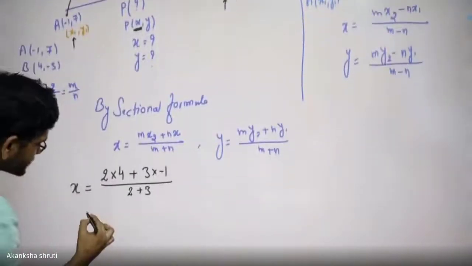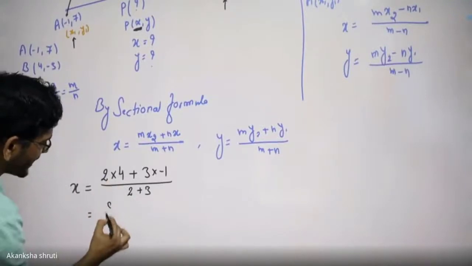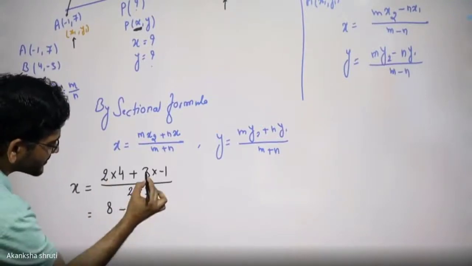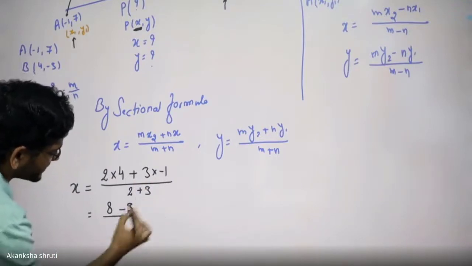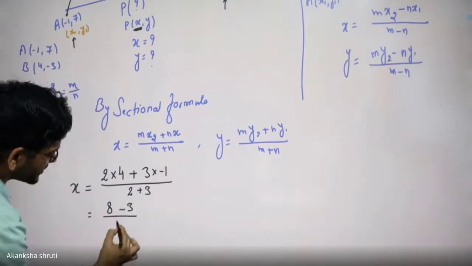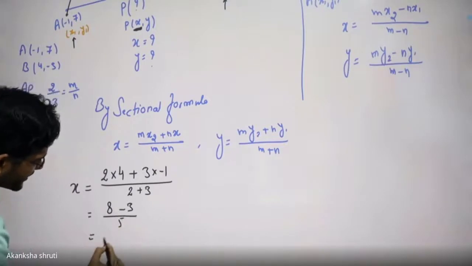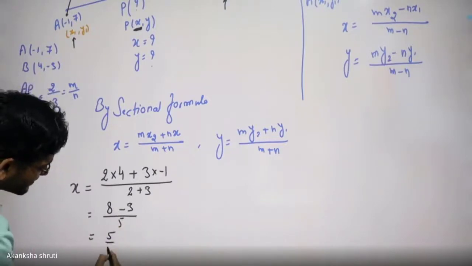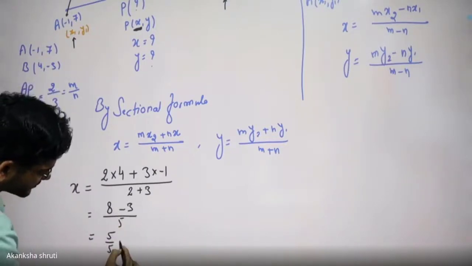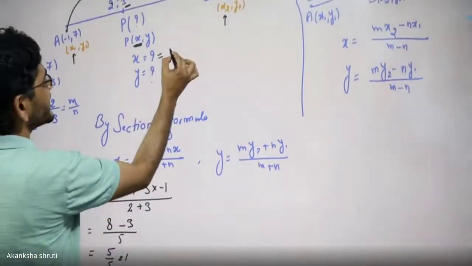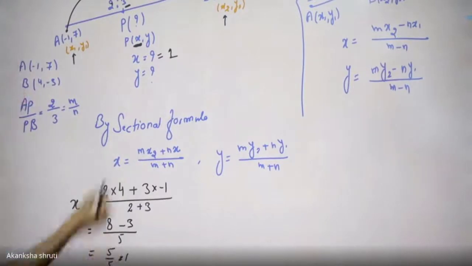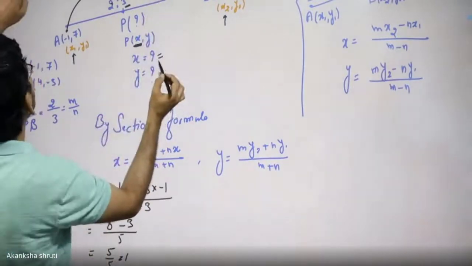Okay, just simplify. 2 fours are 8 minus, 3 into -1 is -3, divided by 3 plus 2, which is 5. So it is 5 by 5, so this value is 1. Keep in mind, this is the x coordinate that we have calculated as 1.